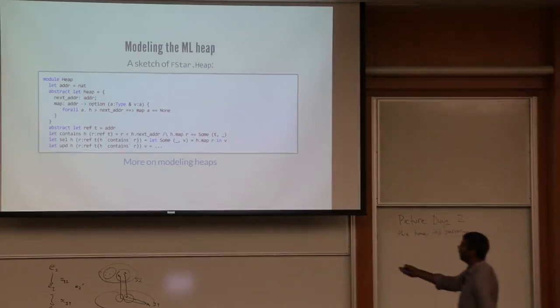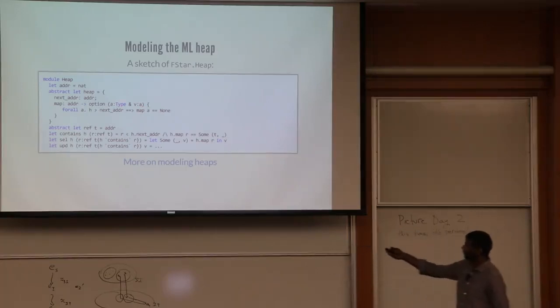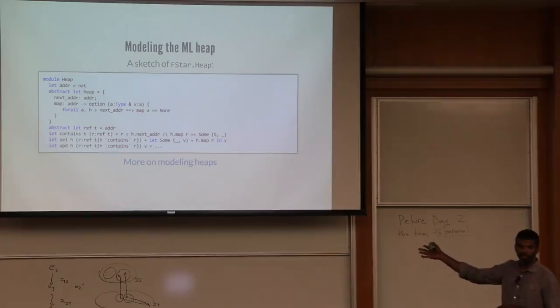The value stored at each heap address is this existential type: there's a type A and a value stored there of that type. Okay? So these are existential types, or actually they're more like strong sums in Coq, or sigma types.